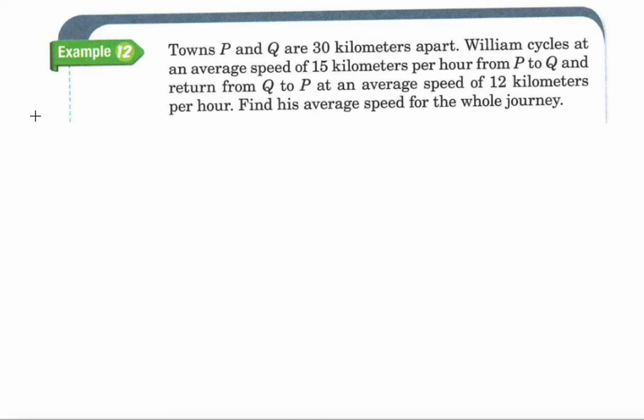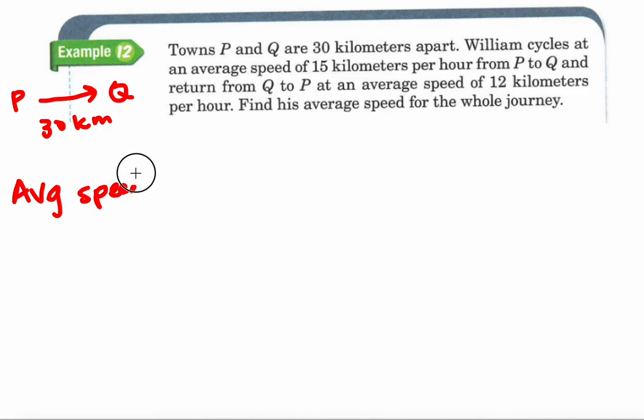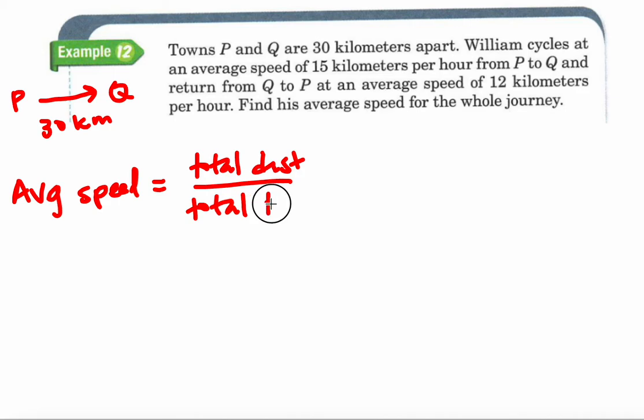All right, for me, I'm going to want to draw town P to Q. They are 30 kilometers apart. And remember, my average speed is total distance divided by total time.